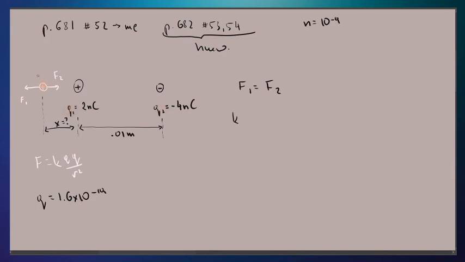So F1 is kQ times Q1 over X squared, and this equals kQ times Q2 over X plus 0.01 squared. Alright, now things that cancel out. So k goes, Q goes, so it doesn't really matter that it's a proton.